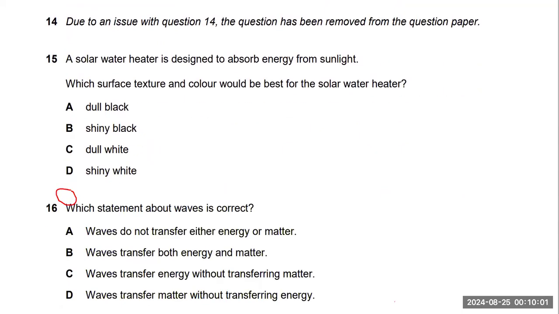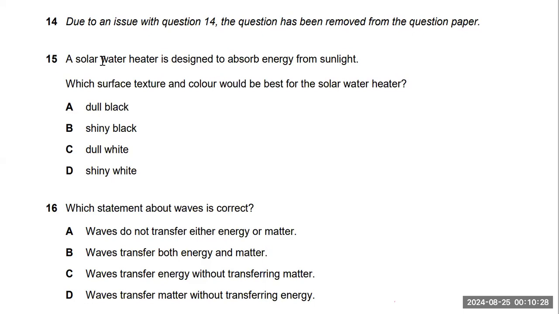Let's move towards another question. A solar water heater is designed to absorb energy from the sunlight. Which surface texture and color would be best for a solar water heater? Basically, this question is relevant to those countries where the winter season continues for a long term.